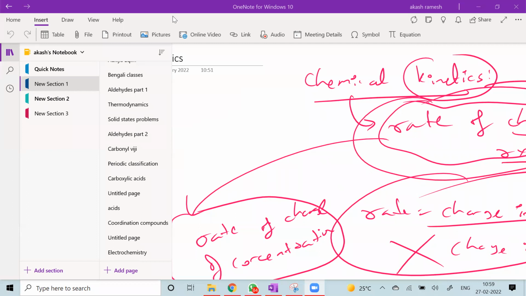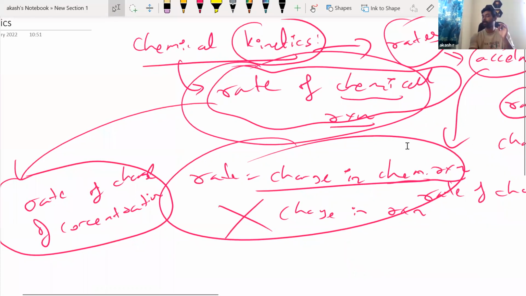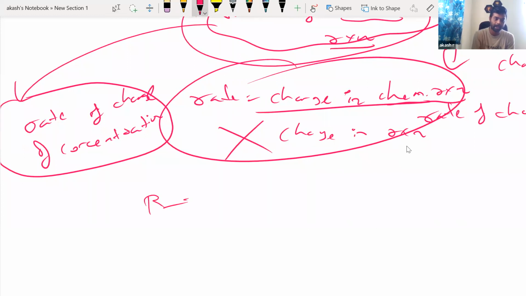Okay, all right. So we understood that when I say rate of a chemical reaction, what is changing is the concentrations of reactant and the concentrations of products. Now, how is it changing? During a chemical reaction, the reactants give products. Say I start with 1 M concentration of reactant and 0 of product, at time t equal to 0, at the start of the reaction.